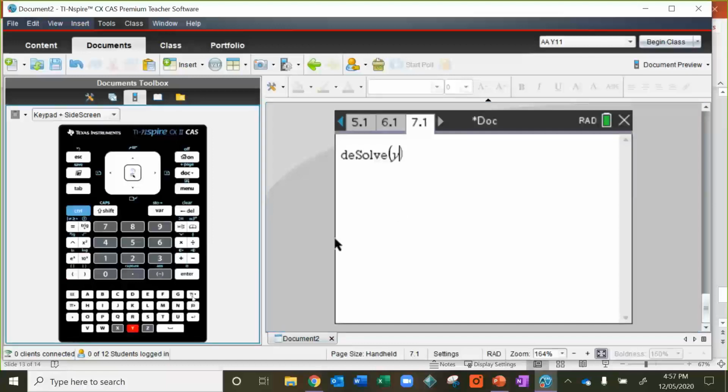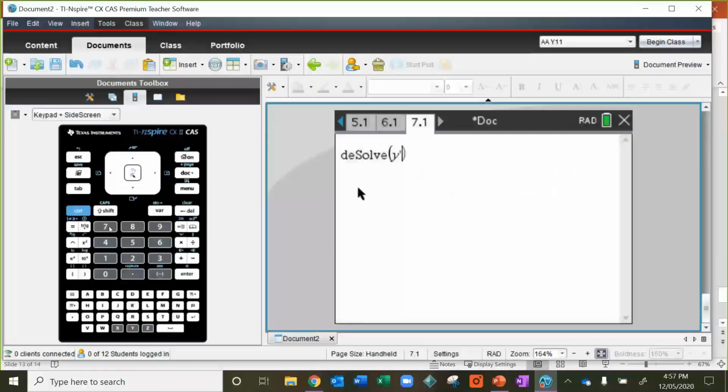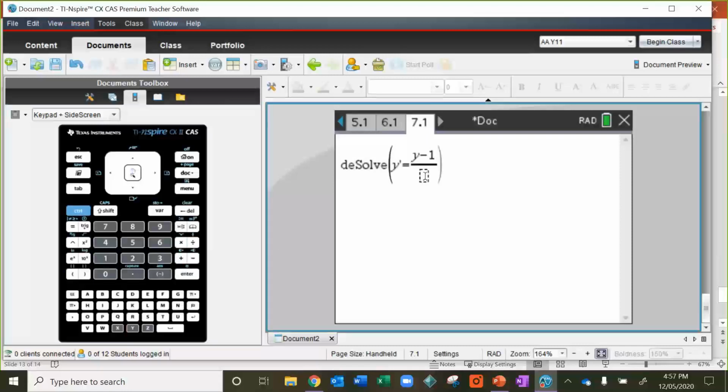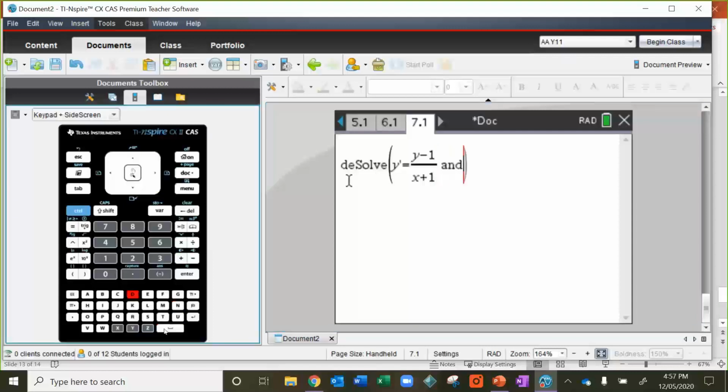So we have y dash is equal to, and we put a fraction, and again it is separation of variables because dy/dx is a product of a function of x and a function of y, but we also have initial conditions here. So we know y equals a half when x is minus 2, so I say y of negative 2 is equal to a half.